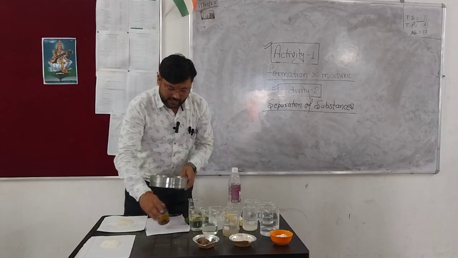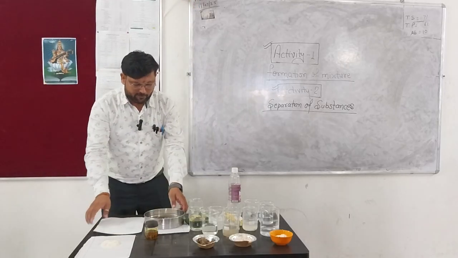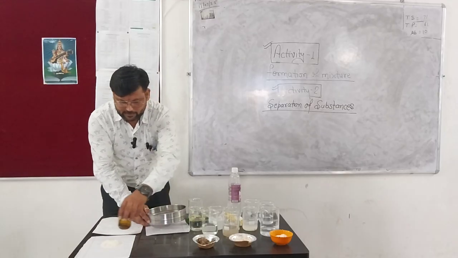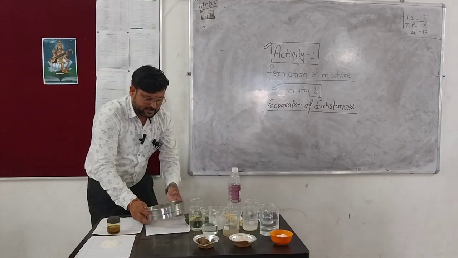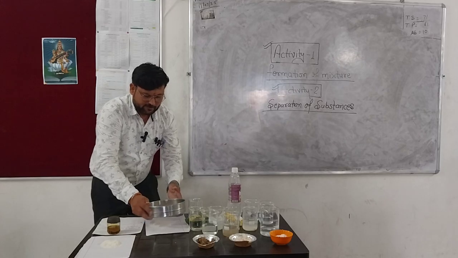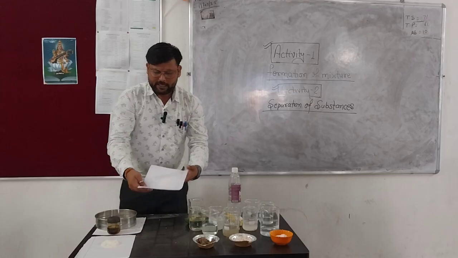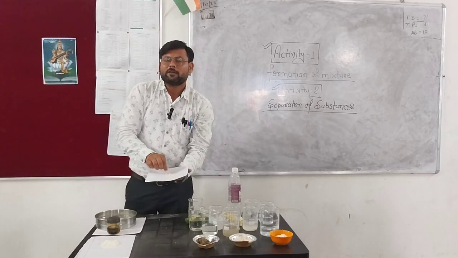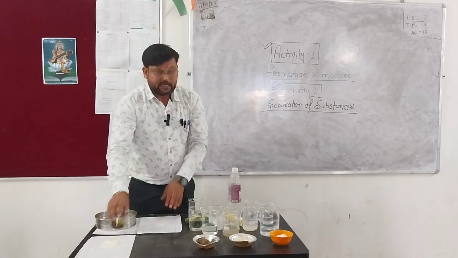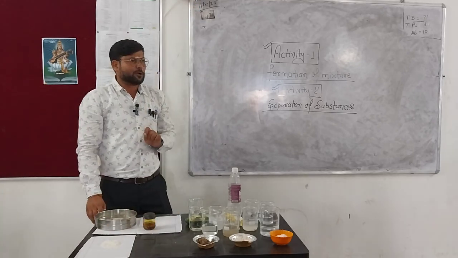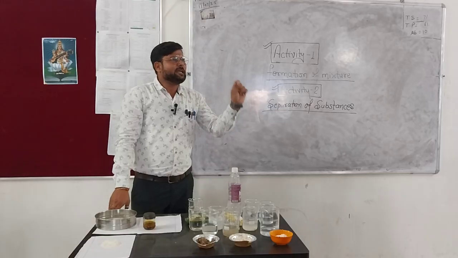We take that mixture and sieve it like this, then what do we find? The chalk powder gets deposited at the bottom. Now beta, you can see here that this is the chalk powder. If the particle sizes remain the same, then they can't be separated by the sieving process. If the particle sizes differ, then they can be separated easily.